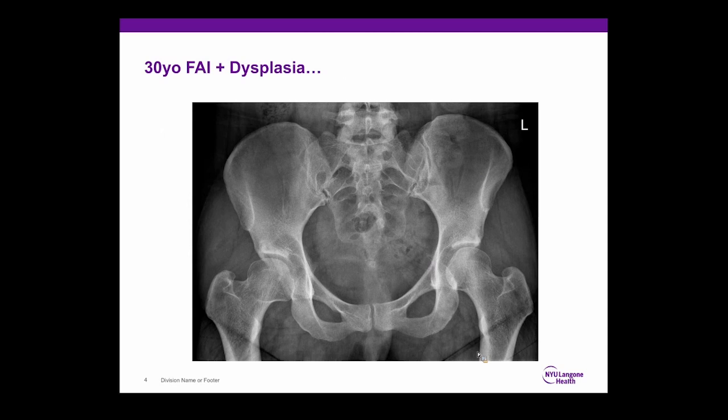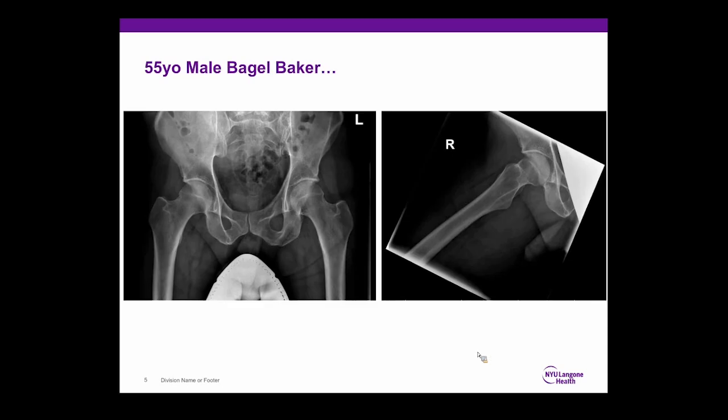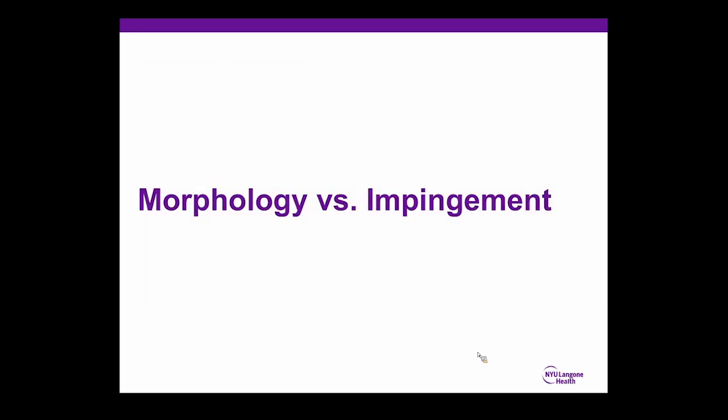So they do have a cam, but they're also dysplastic. How do we manage them? Here's a patient who's a little bit older. So they're 55. They don't have a lot of arthritis. They have FAI. Do we just give them palliative treatment until they're ready for their hip replacement, or does arthroscopy play a role? And underlying all of this is the concept of morphology versus impingement.